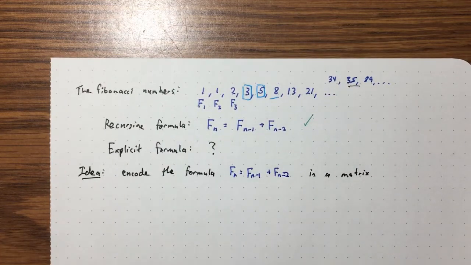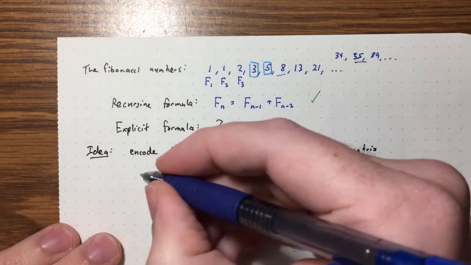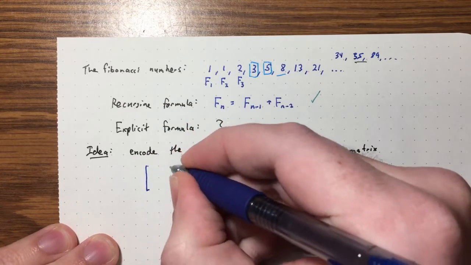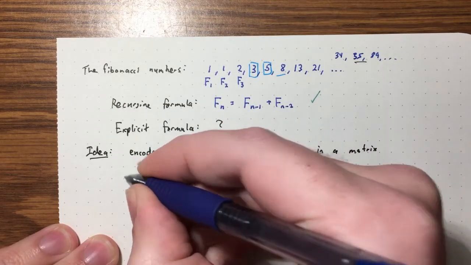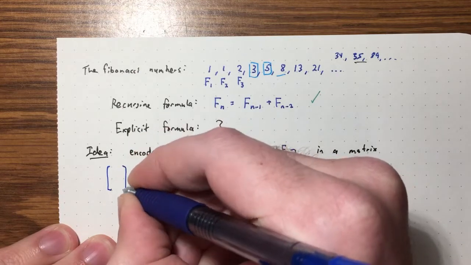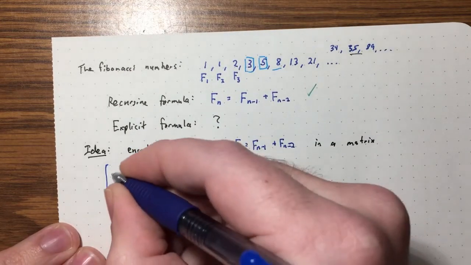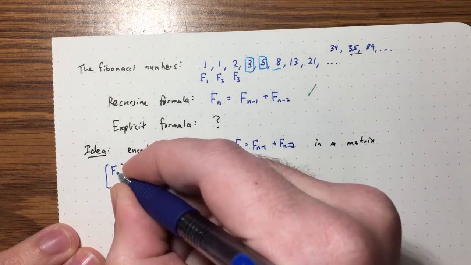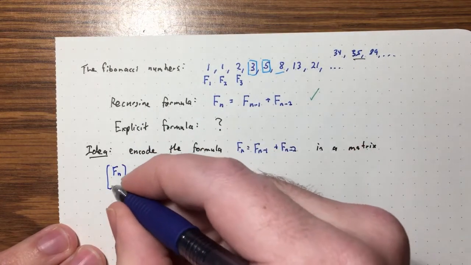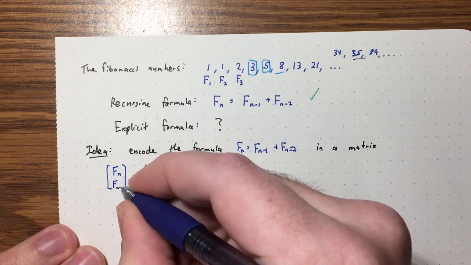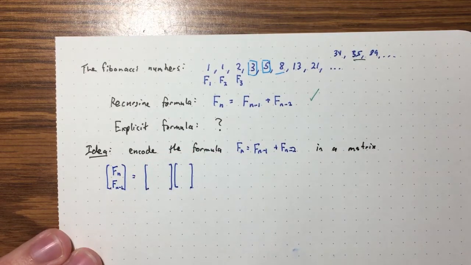So what do we do with matrices? Well, we multiply them by vectors and we get other vectors, right? That's how a matrix represents a transformation. So here's what we're going to do. We're going to have a matrix here that I'm going to multiply by a vector and I'm going to get a new vector. What are the things in this vector going to be? Well, it's going to be the nth Fibonacci number. And then I'm going to put the one before also. So I'm going to have F_n and F_(n-1).